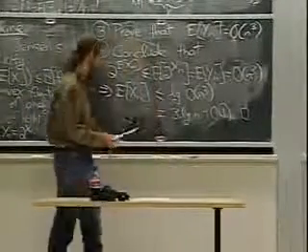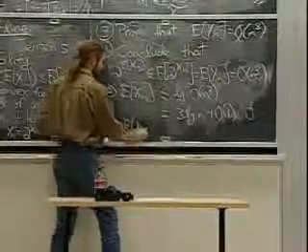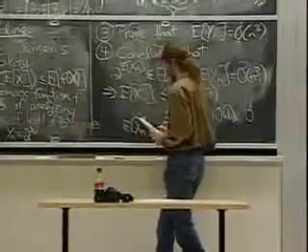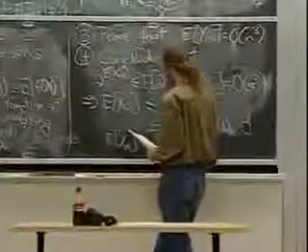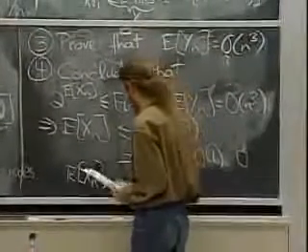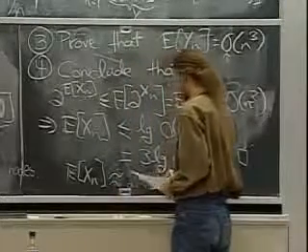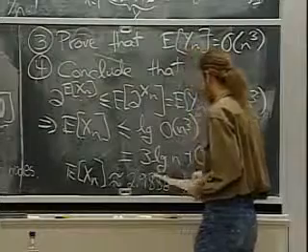In fact, the expected height of xn is equal to, well, roughly, I'll just say it's roughly. I don't want to be too precise here. 2.9882 times log n.